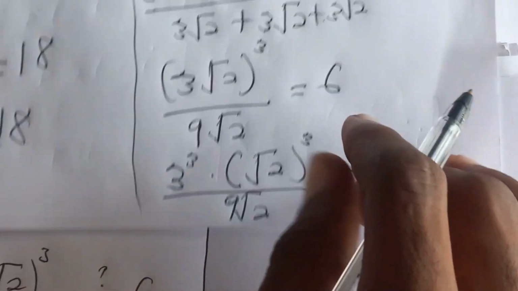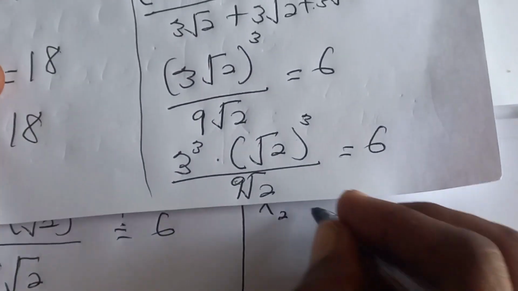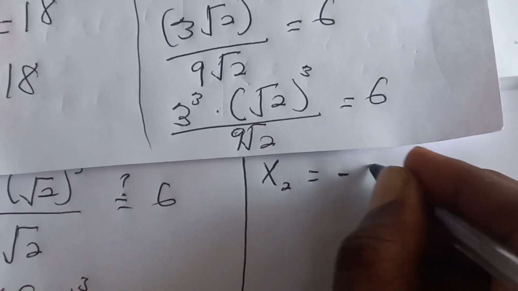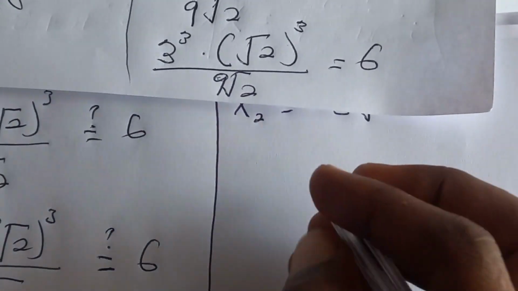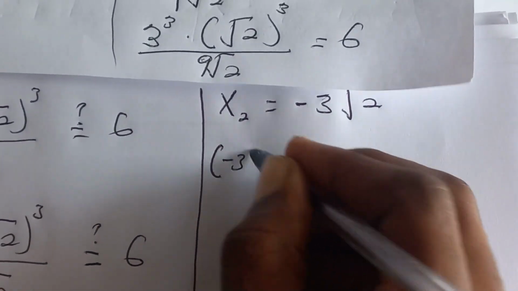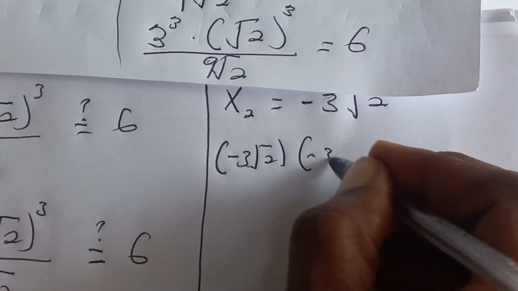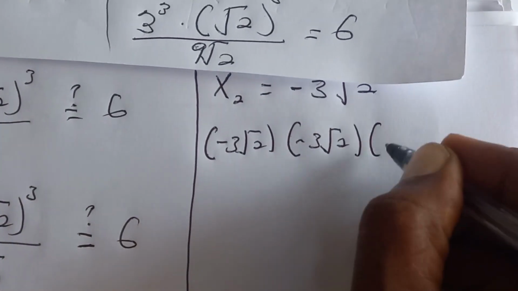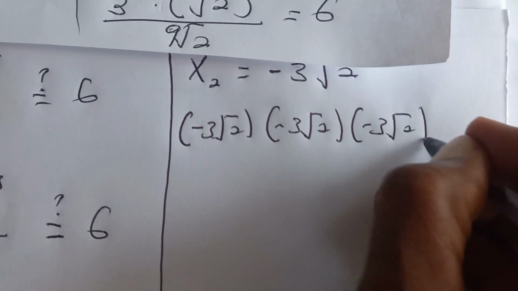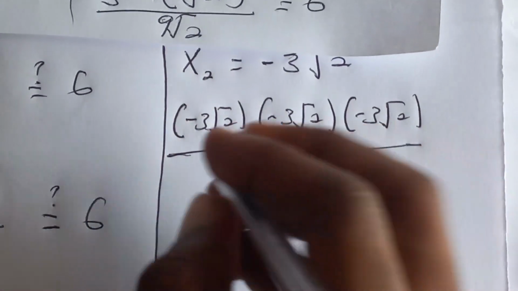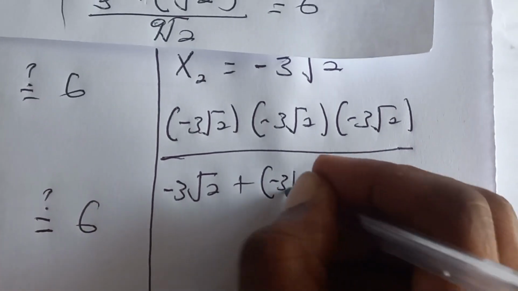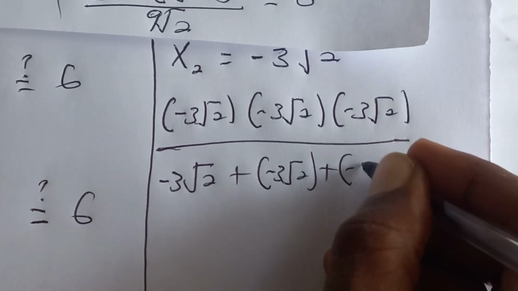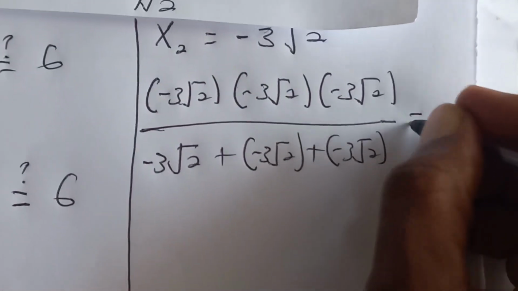For x2, we say that x is equal to negative 3 root 2. So with this, we are going to get negative 3 root 2 multiplied by negative 3 root 2 by another negative 3 root 2, on negative 3 root 2 plus negative 3 root 2 plus negative 3 root 2 should be equal to 6.